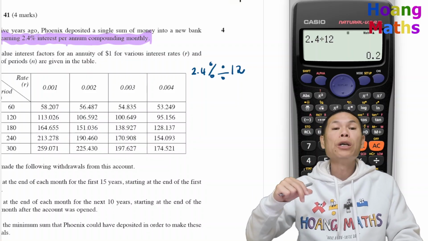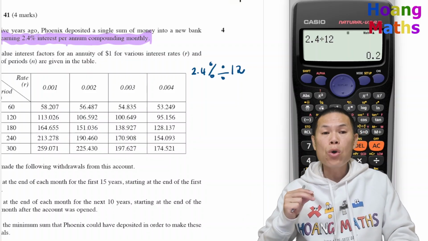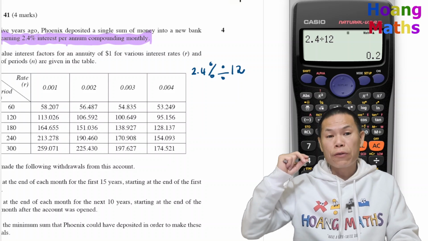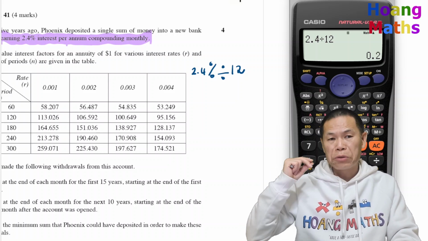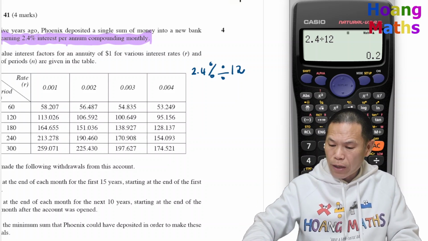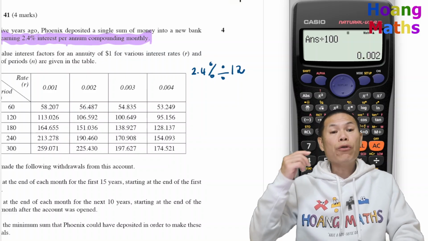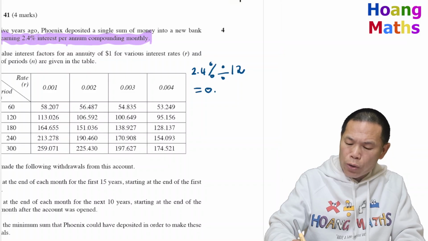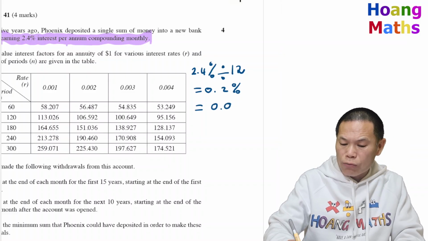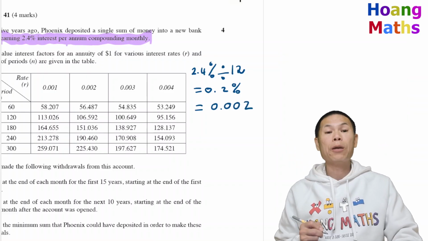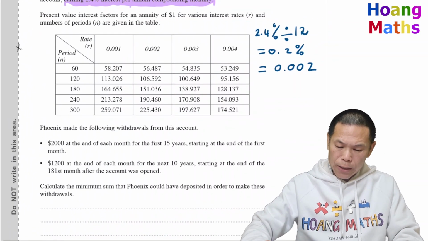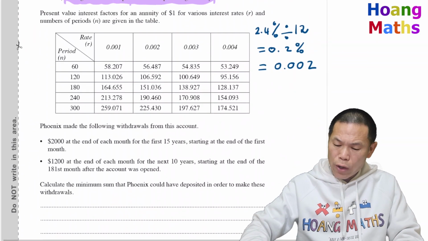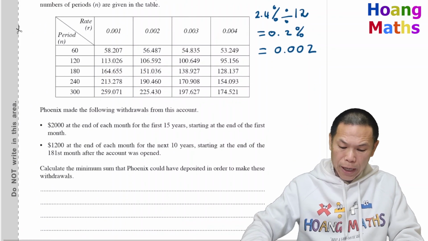But the tables give us the rate in terms of decimals, so we divide by 100 because percent means per 100. So 0.2% is the same as 0.002. Keep that in mind. This is the interest rate per month.